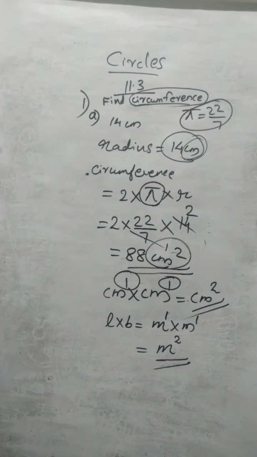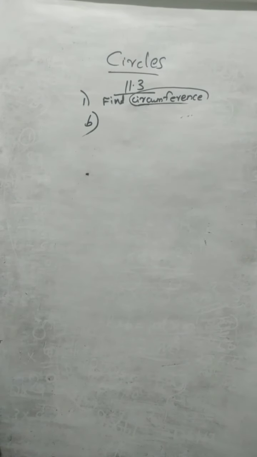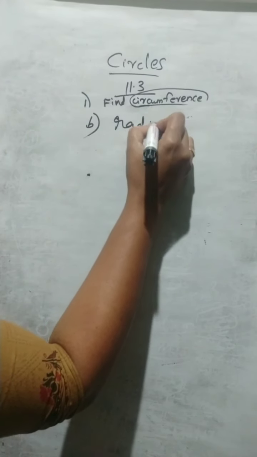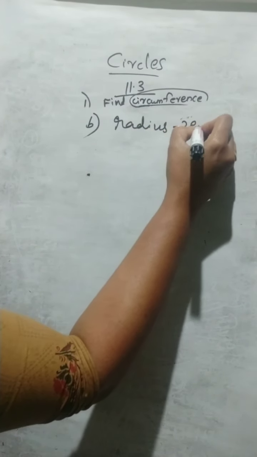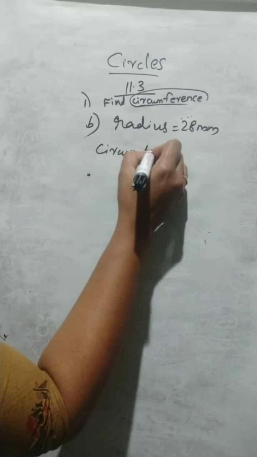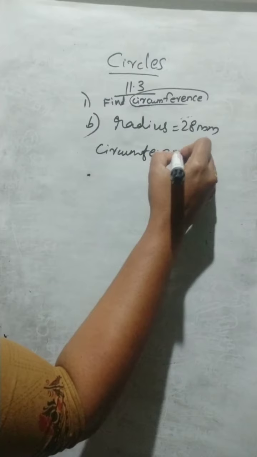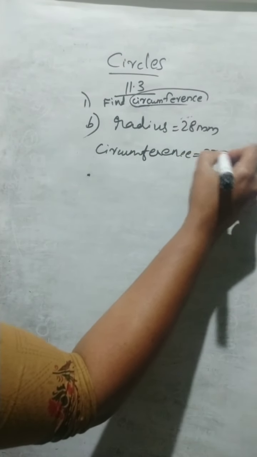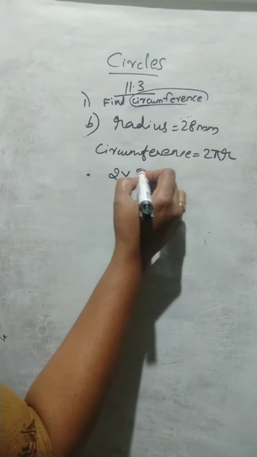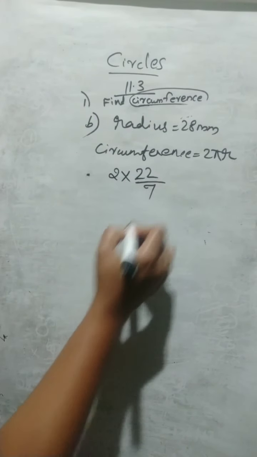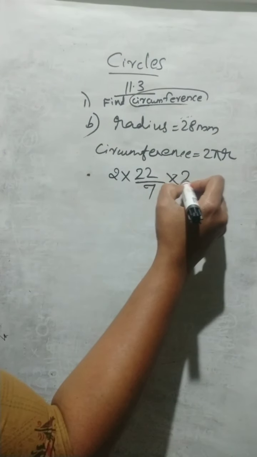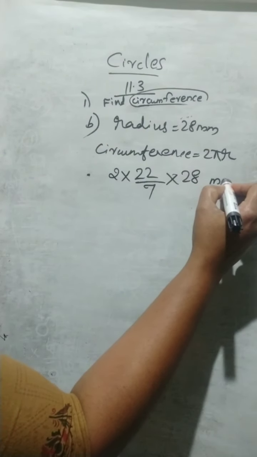Clear? Question number 2. B, radius is given as 28 millimeter. The circumference of this circle will be 2 pi r. That is equal to 2 times pi. We have to use it as 22 on 7 because that is given in the question. Times 28 millimeter.